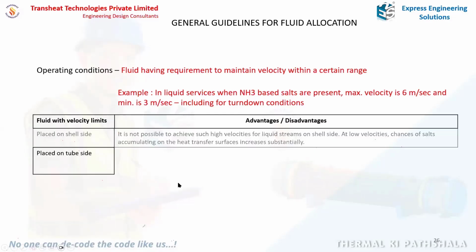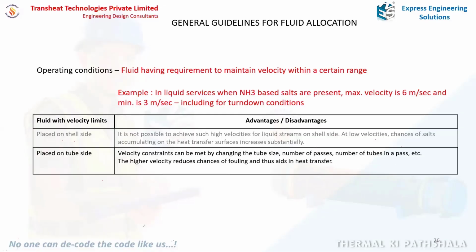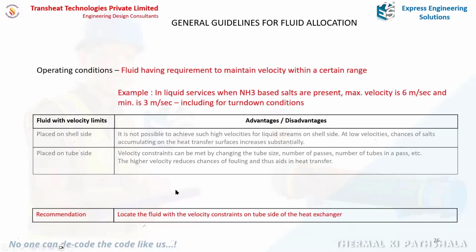If you have it on the tube side, you have the number of passes which you can manipulate in your design and increase the velocity to meet your constraints for that service. So the recommendation would be to place such a fluid on the tube side of the unit.